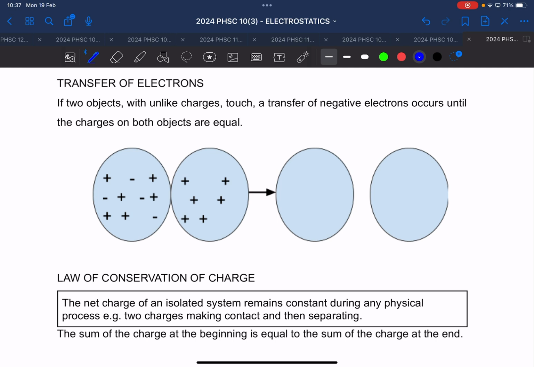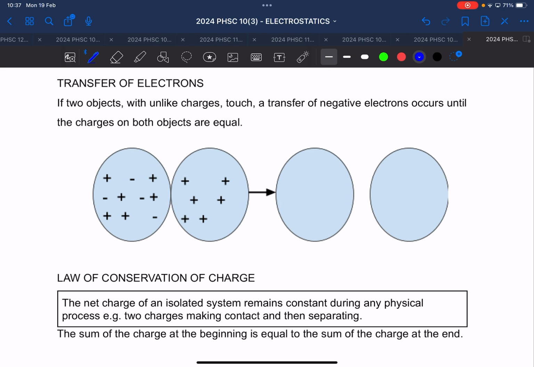Now I wonder if this will work. Does it work? No. So what happened is I discharged the balloon. It's not that negative anymore. And when I did this, I discharged my hair. There's a transfer until it's neutral again.